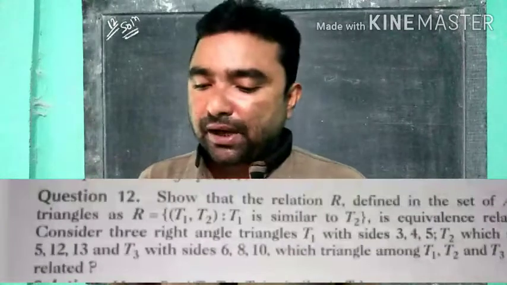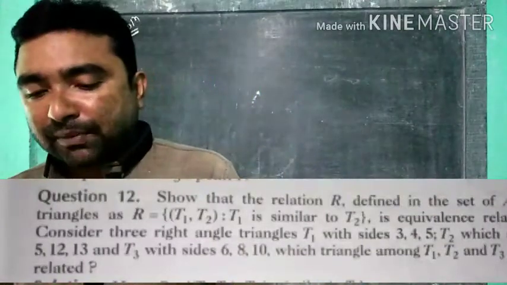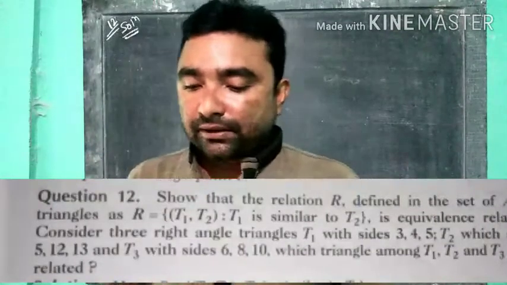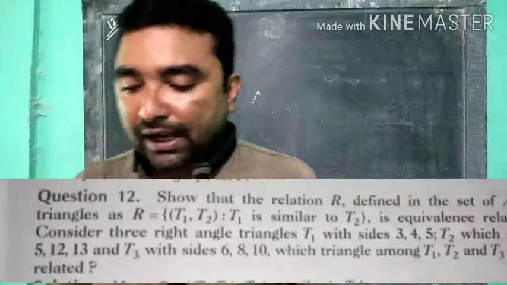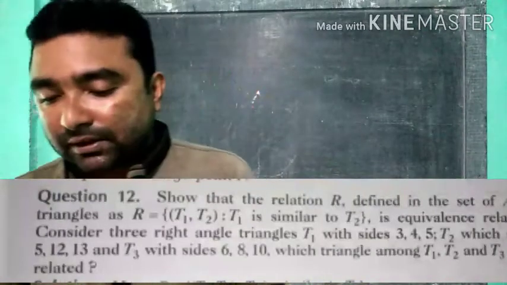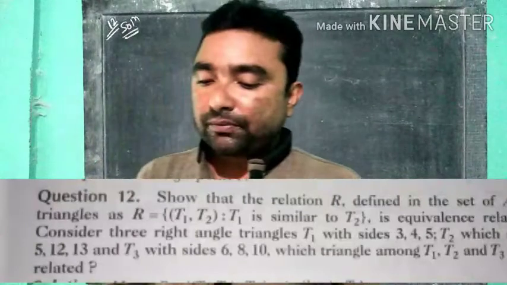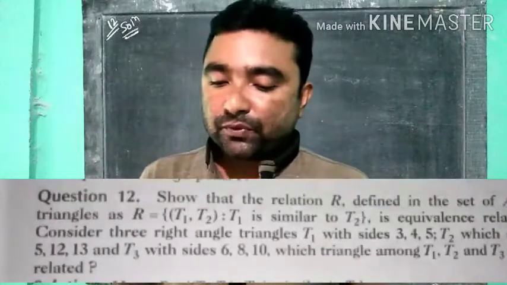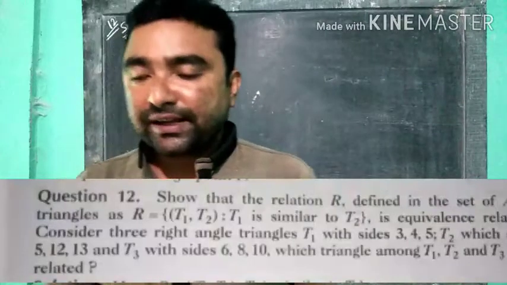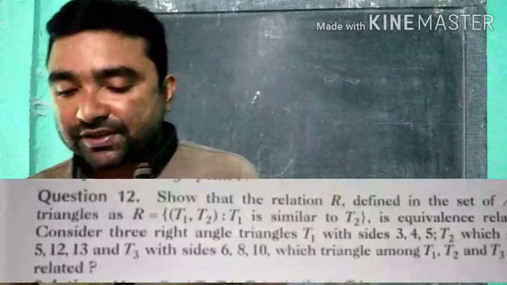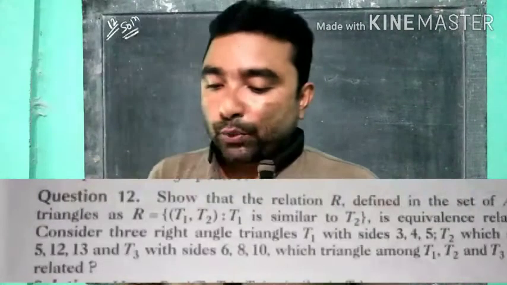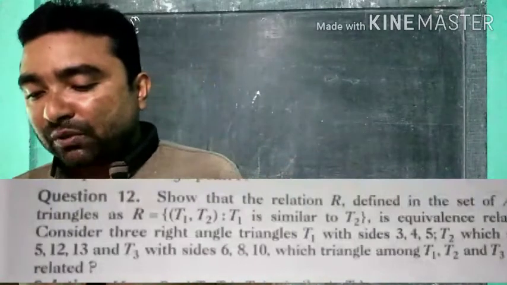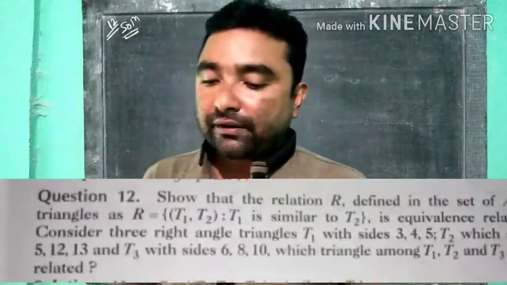Show that R is an equivalence relation. And second part: consider three right angle triangles T1 with sides 3, 4, 5, T2 with sides 5, 12, 13 and T3 with sides 6, 8, 10. Which triangles among T1, T2 and T3 are related?